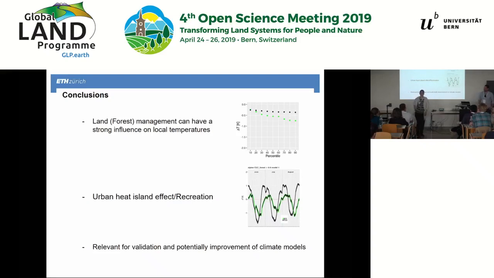So, any questions? Hi, great talk. Thank you very much. I'm just curious about one point you made towards the end of your talk about mitigating urban heat island. I was interested to know your thoughts: do you think an urban park with broadleaf trees would provide the same kind of services as it would give in a natural broadleaf forest?